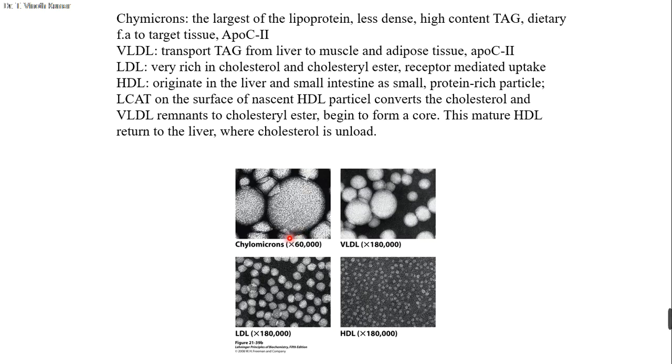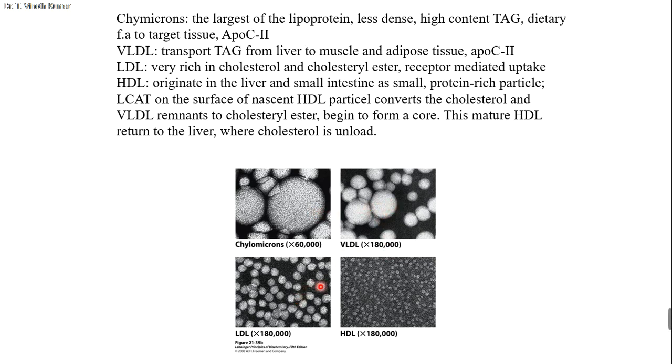Next, coming to the size, this is the scanning electron microscope image at about 60,000 times magnification, and you can see the size of the chylomicron. At the same time, you can see the VLDL at 180,000 magnification. This is smaller than the chylomicron.